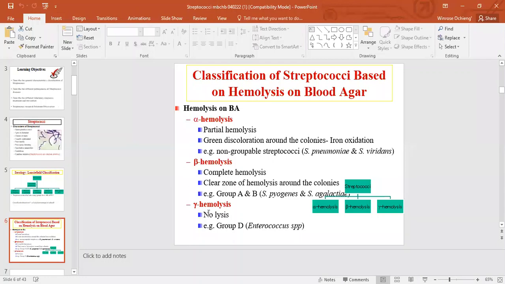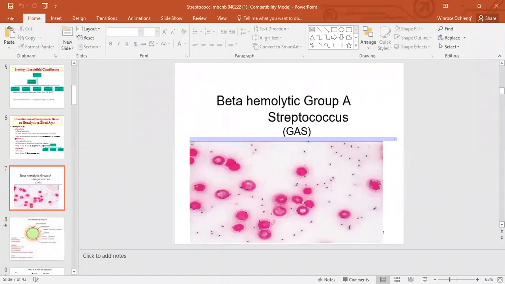We call it gamma hemolysis, or no hemolysis. The important species we'll be covering is group D, Enterococcus faecalis, which is normal flora in our GIT. So this is just an example of the hemolysis.